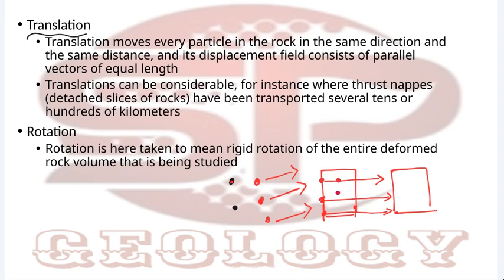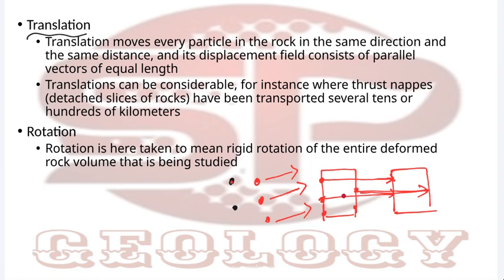Any particle you take, they will move in the same direction. So that is usually translation. And the amount will be the same. How? Because this particle is moving to this point. The distance between these two points will be similar to the distance between these two points also. So translation is the same direction and the same amount.